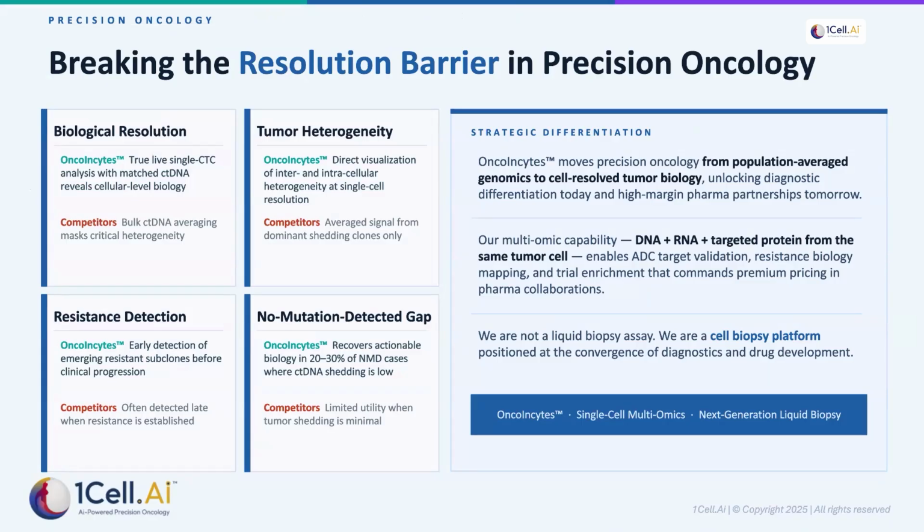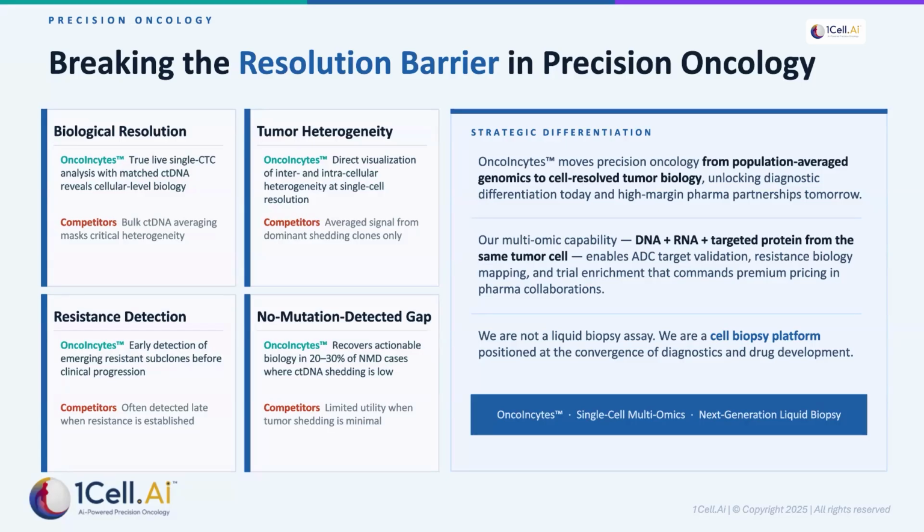And this allows us to break the resolution barrier in precision oncology, allows us to understand biologic resolution, resistance detection, tumor heterogeneity, all the different mutations and alterations. And we can go from population average genomics to single cell tumor biology, single cell genomics.